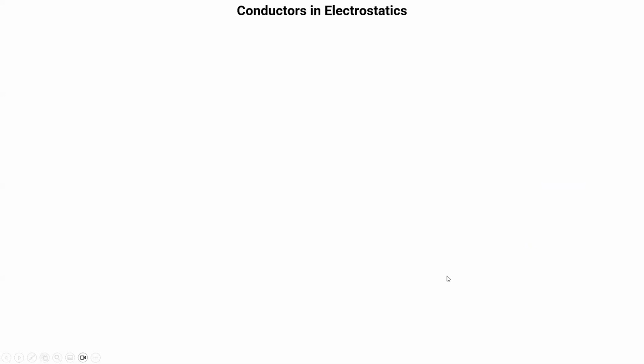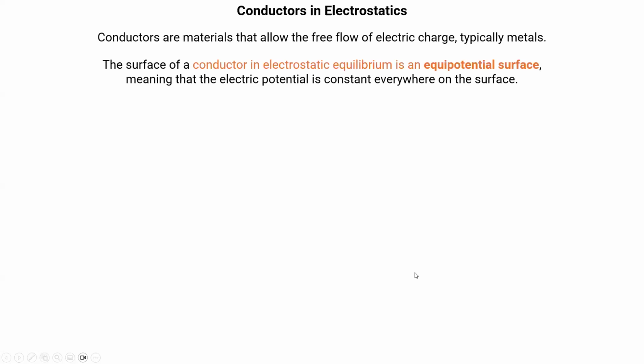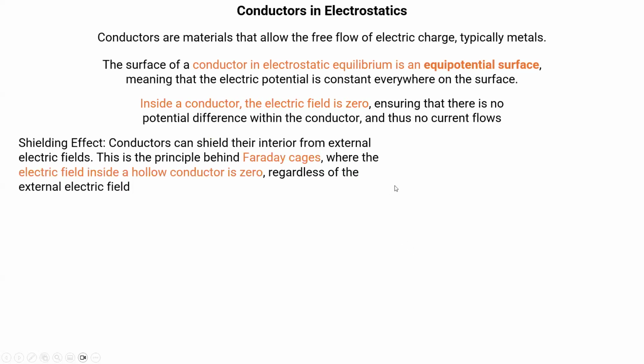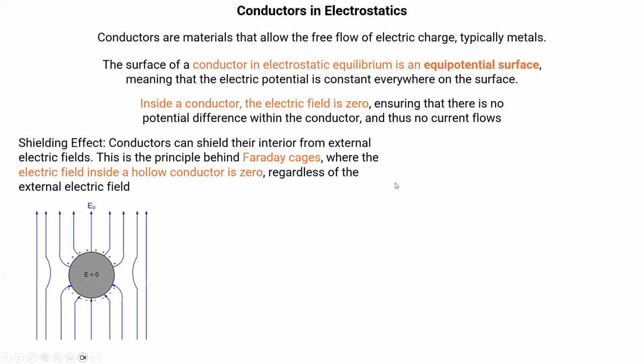So conductors in electrostatics. Conductors in electrostatics is much simpler, because what is essentially happening here? So let me take a piece of conductor, like a spherical particle, and place it inside of an electric field. This electric field, of course, causes the negative charges and positive charges, right, on the opposite areas of this body.